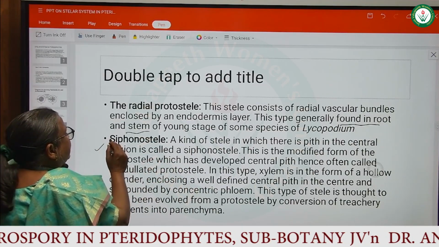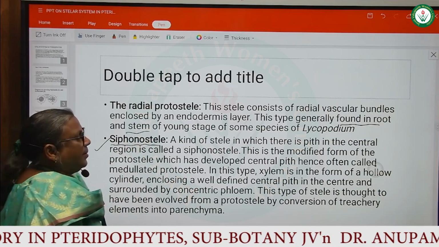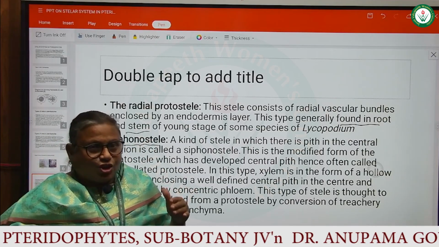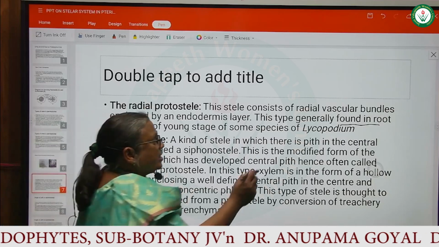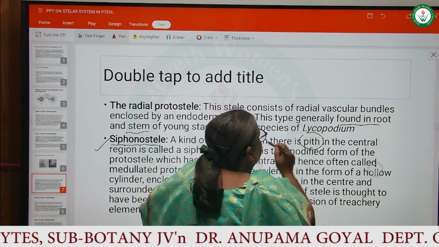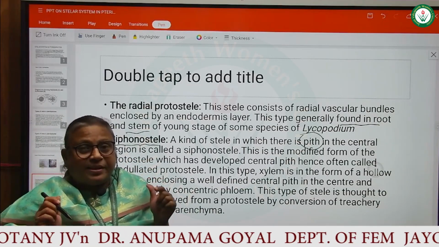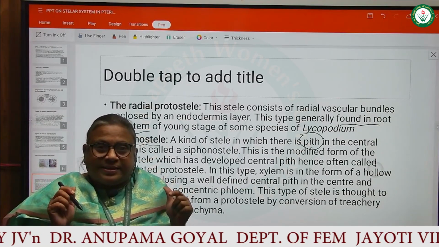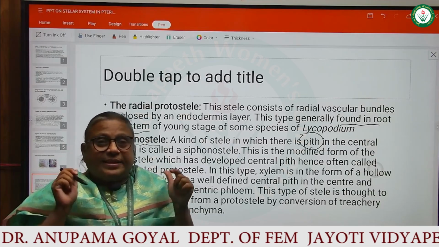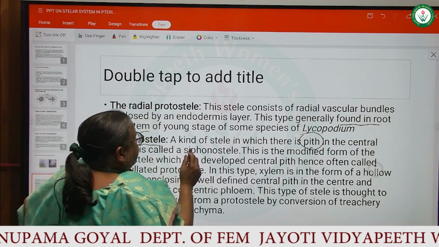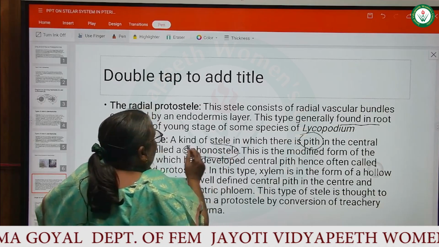Now, what is siphonostele? This is a kind of stele in which there is pith. There is pith in the central region, and the presence of pith in the center shows that it is an example of siphonostele.